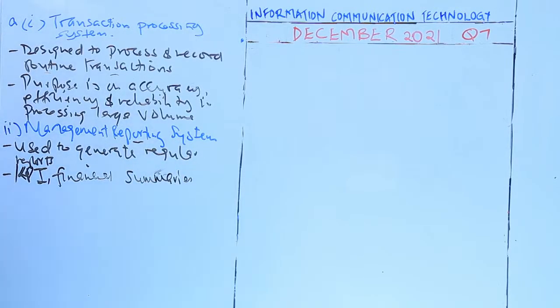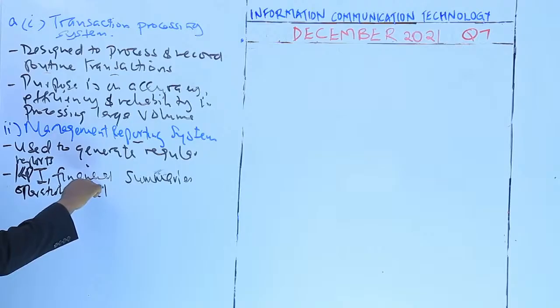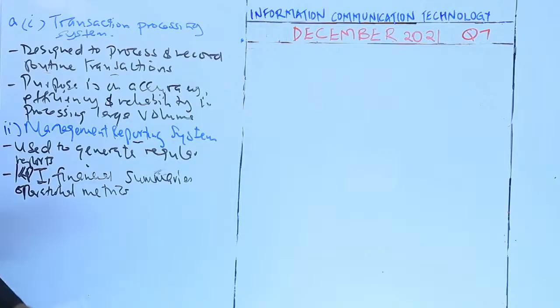The reports may include financial summaries, operational metrics, and also other relevant information tailored to meet the needs of different levels of management. And candidates, the management reporting system helps managers track progress.